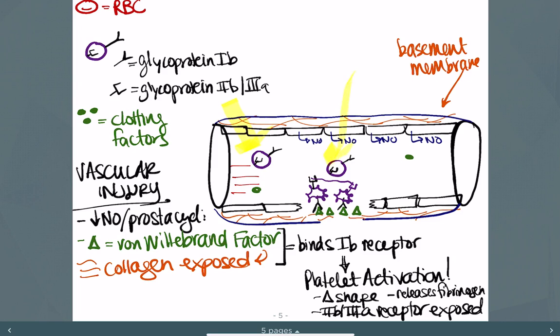This guy right here hasn't been activated. So we have to be able to activate additional platelets to get this plug. We want a lot of them. And platelet activation actually does this. It releases factors that increase activation and aggregation.